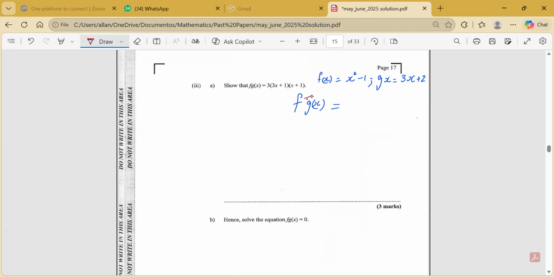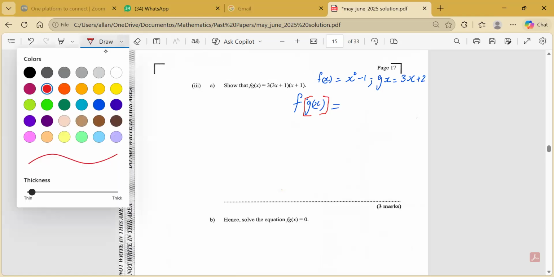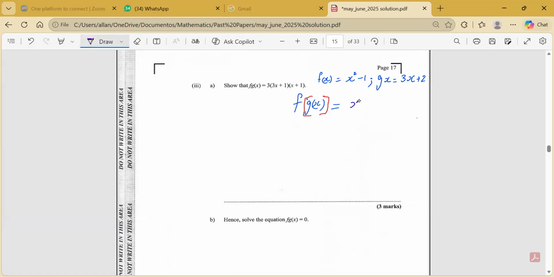So you see this part here? This is like f of whatever. So you're going to put down what f is and substitute for g of x. So f is x squared minus 1. So you're substituting 3x plus 2, squared, minus 1.